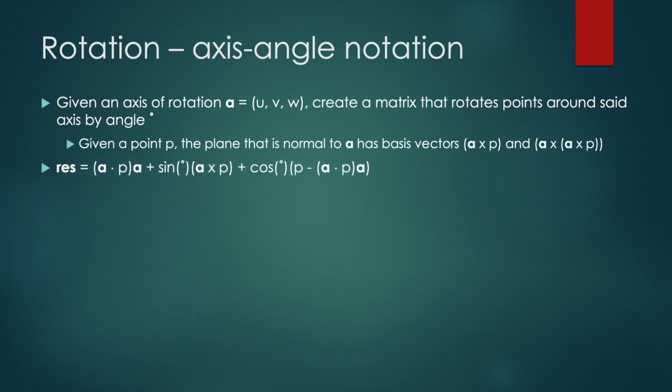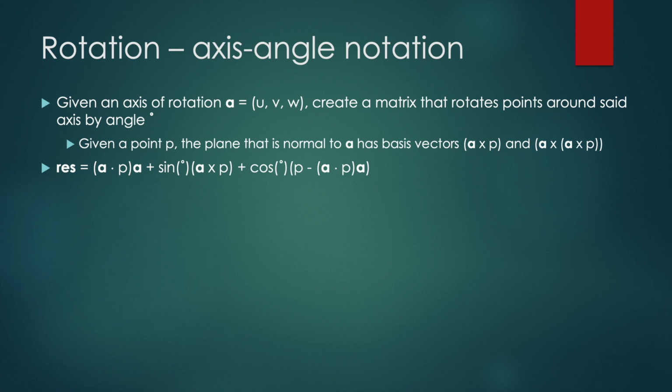So we can represent our resulting equation to get essentially your result vector, which is the change in your position after you've rotated around the axis of rotation A by theta, or by the degree sign as I'm showing the angle.